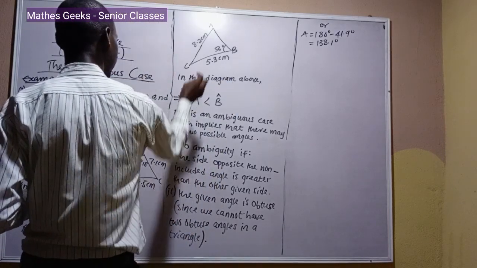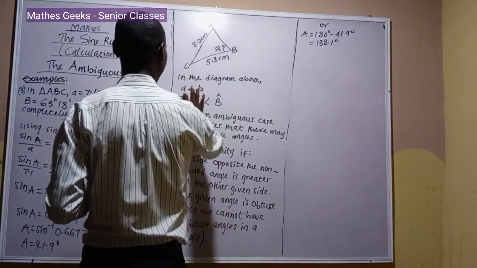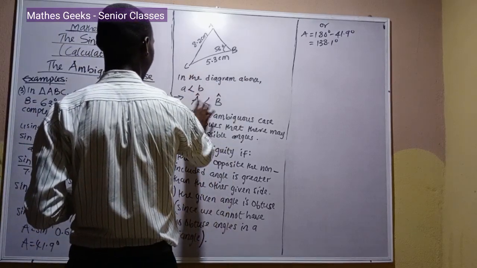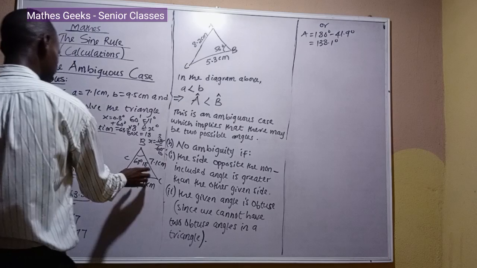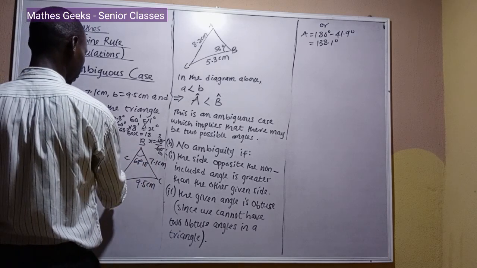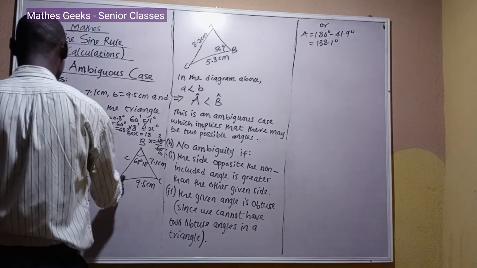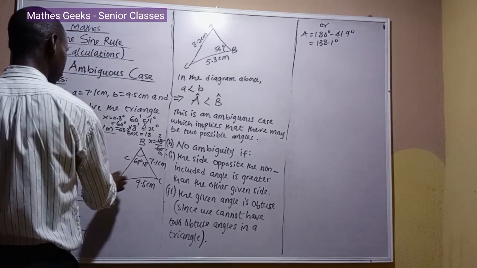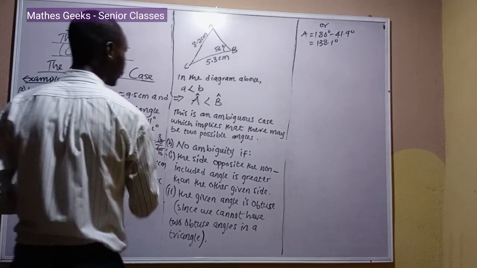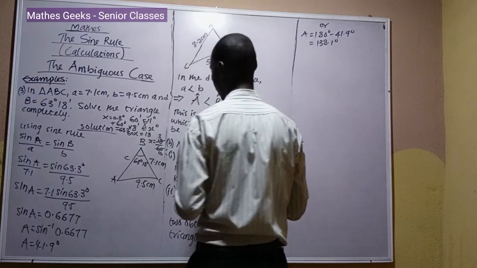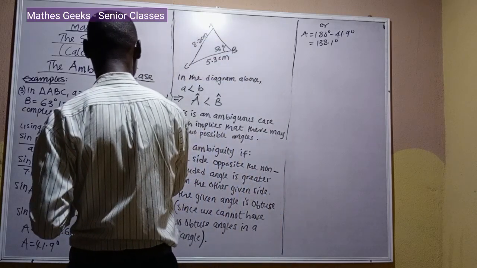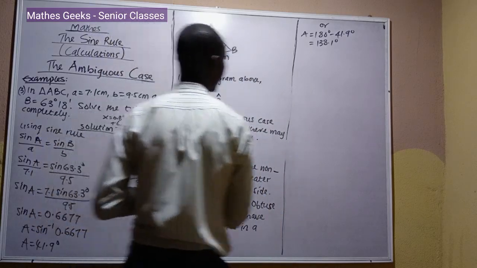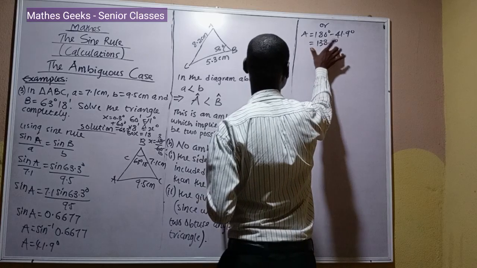Here it says in the diagram above, A is less than B, so angle A is less than B. In this diagram, the angle we got, angle E, is 41.9 degrees, while angle B is 60.3 degrees. So definitely angle A is less than B. And the angle B given to us is not obtuse, it's acute. So we cannot get two options in this case.